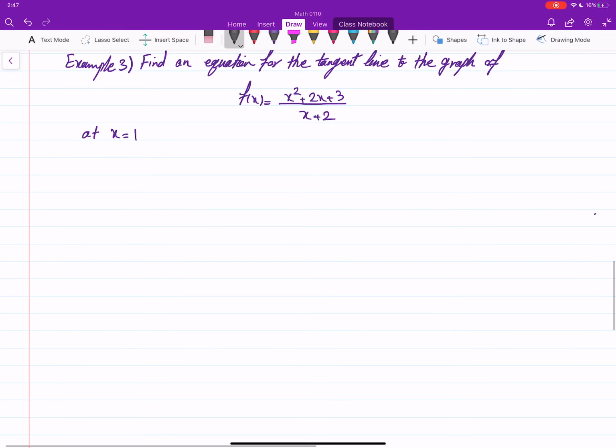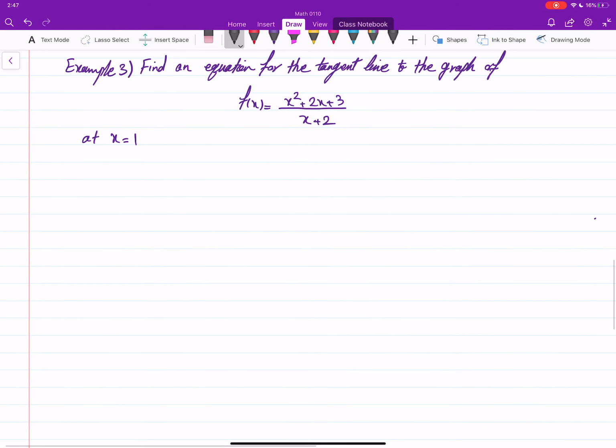Let's move to the other example. Find an equation for the tangent line to the graph of this function at 1. Remember, to write an equation for a line, we need the slope. For the tangent line, the slope is given by the derivative of the function at that point. And we need a point, which in this case will be 1 and f at 1.